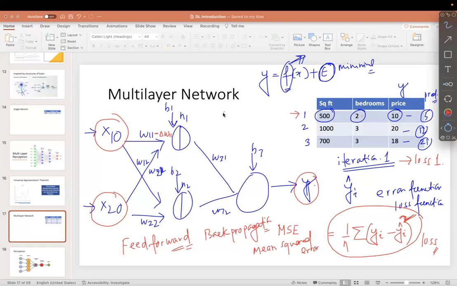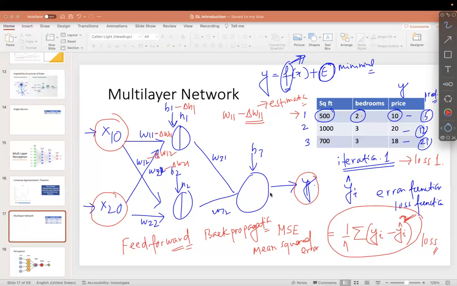For example, for W11, how much it should be adjusted, the delta value of W11, is estimated. Of course, this estimation is complex. I'll come to one technique for how it's done. So we estimate the delta value for every parameter.